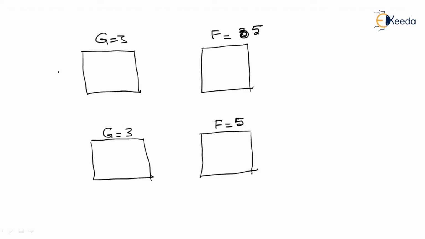Now there are a total of 10 instructions. If you have 10 instructions and two separate streams in the pipelining, one stream of G and F and another stream of G and F, you just need to calculate for only 5 instructions, because the other 5 instructions can execute in parallel, as there are separate G and F. So all the 10 instructions need not be executed within the same stream.